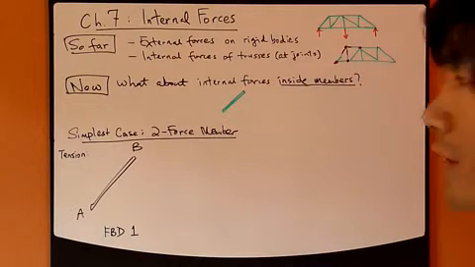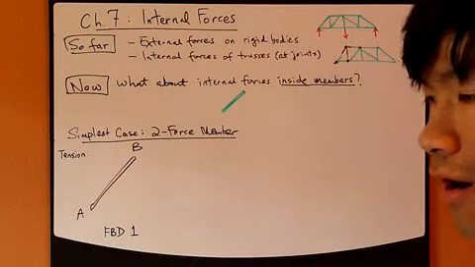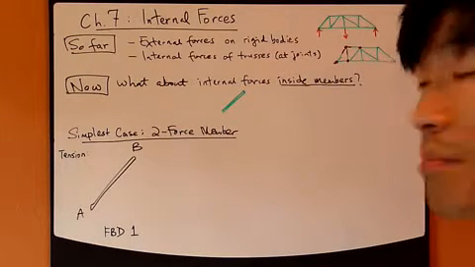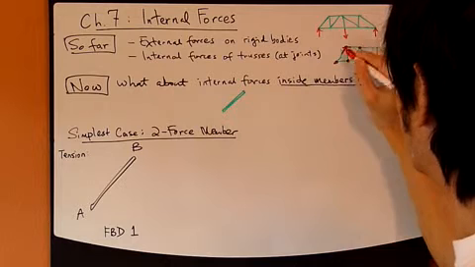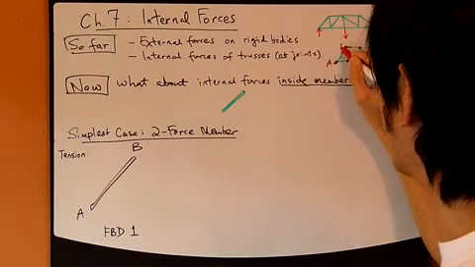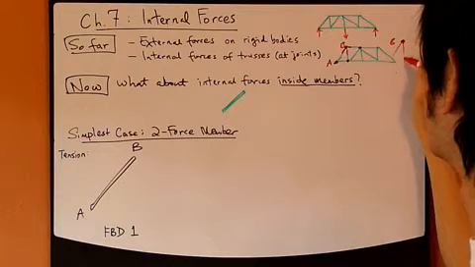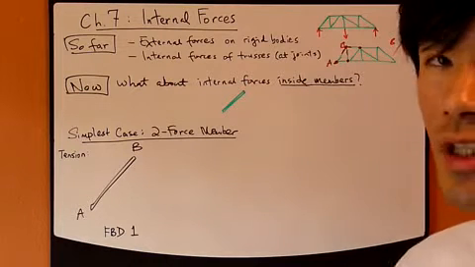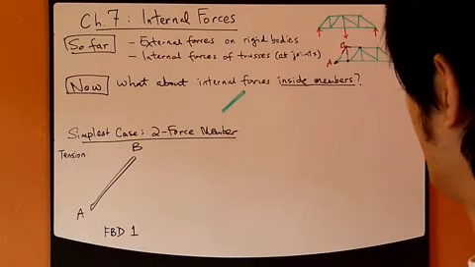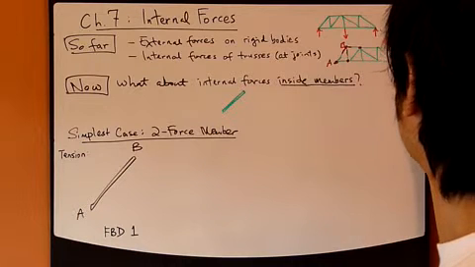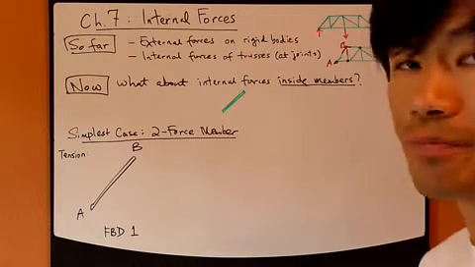Then we draw a free body diagram for a joint, which is really the joint method. Let's say this is joint B, so you have this force, this force, and this force.